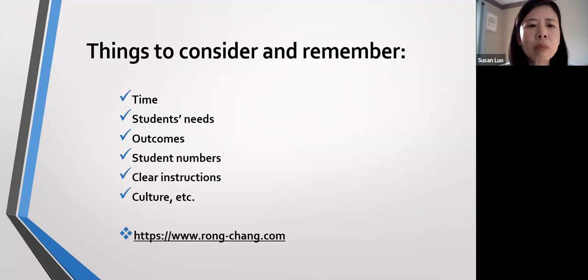And the last thing to keep in mind is your culture, your students' cultural influence. What kind of content will be interesting to your students? Sometimes when we use projects in America, we acculturate a lot of international students, so American culture is highly focused.